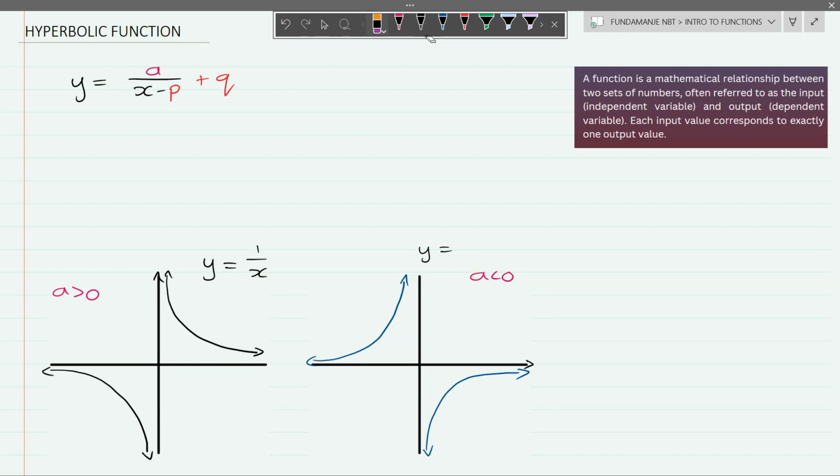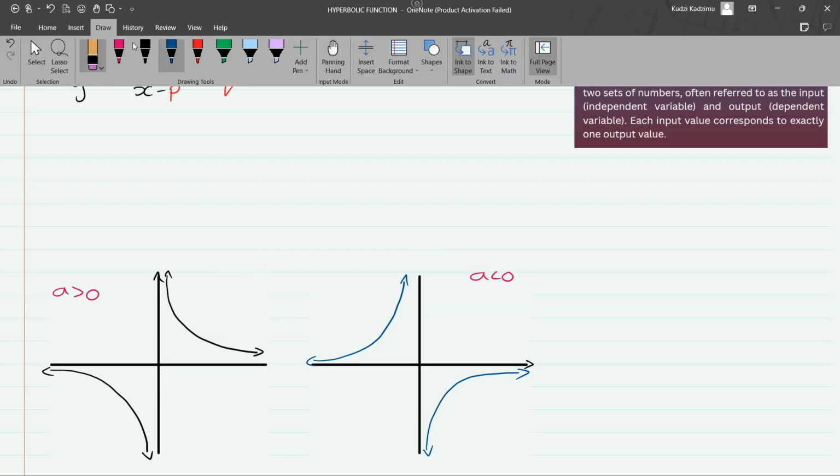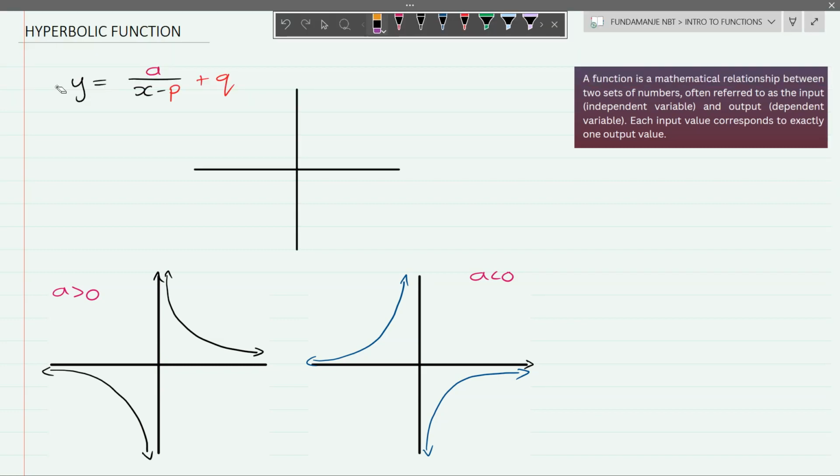When we introduce shifts into the picture, then we have something like this. So let's say we move it 2 units to the right. That means we're going to have our asymptote at this point here, and we shift it 1 unit down.